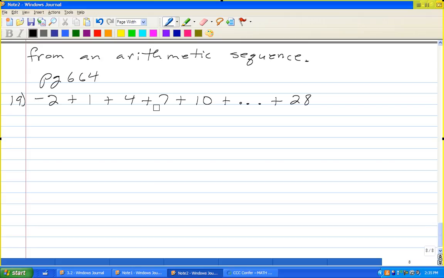Each term here is found by adding a common difference, 3. Therefore, this is an arithmetic sequence, and once I add them up, this is an arithmetic series. So yes, this is an arithmetic series.